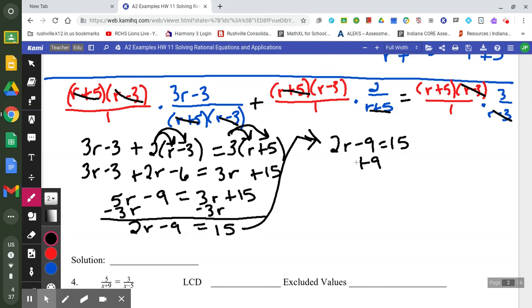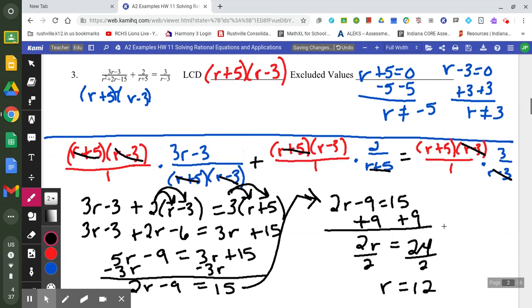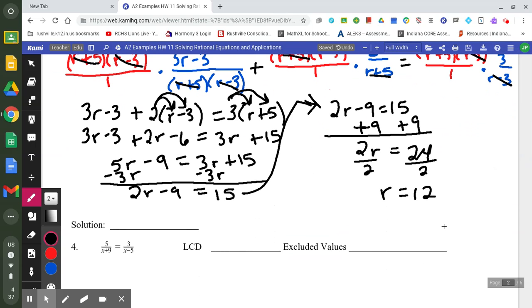Add 9 to both sides of the equal sign. 2r equals 24. Divide by 2, r equals 12. My excluded values were negative 5 and positive 3. So 12 is a solution.